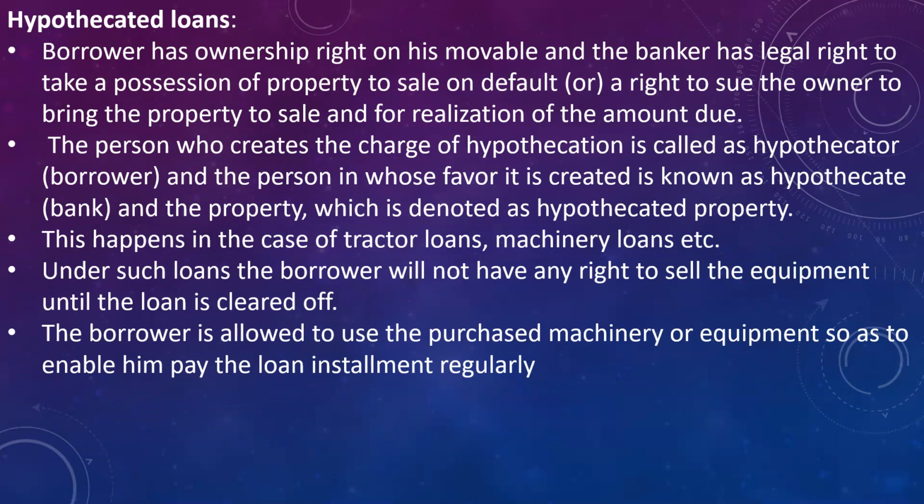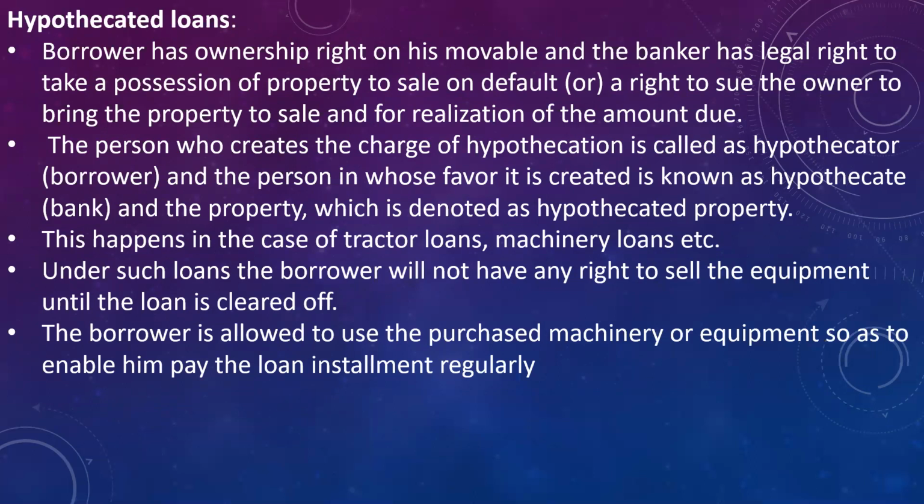Here, the borrower, whoever has taken the loan on some movable property, the ownership right will be with the borrower, but legal right will be with the banker. If the borrower fails to pay back the money of loan with interest, then the bank will either sell the property, or they will ask the owner to sell the property and pay back the loan amount.